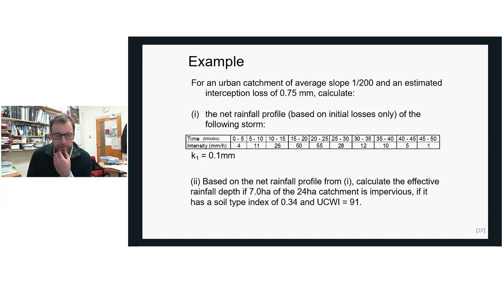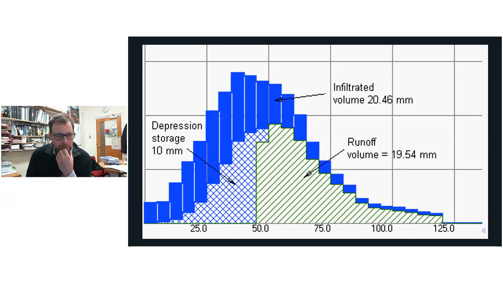So let's look at a wee figure which explains what we're doing in both these steps. If you like, the initial losses is the checked part of the profile. That's what we're calculating first.